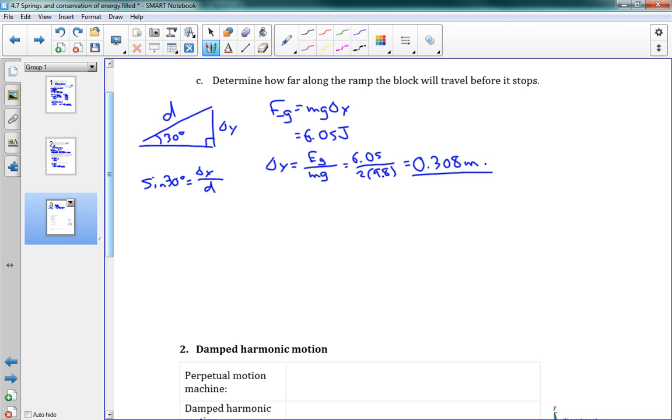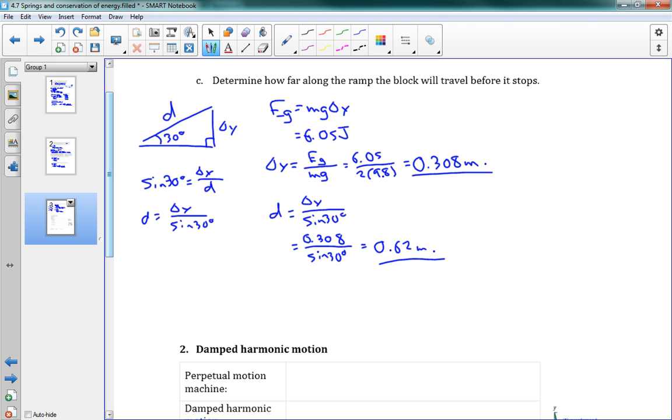So d is equal to delta y over sine 30 degrees, which is equal to 0.308 over sine 30. And that gives us a value of 0.62 meters. And that's how far along the ramp we go.